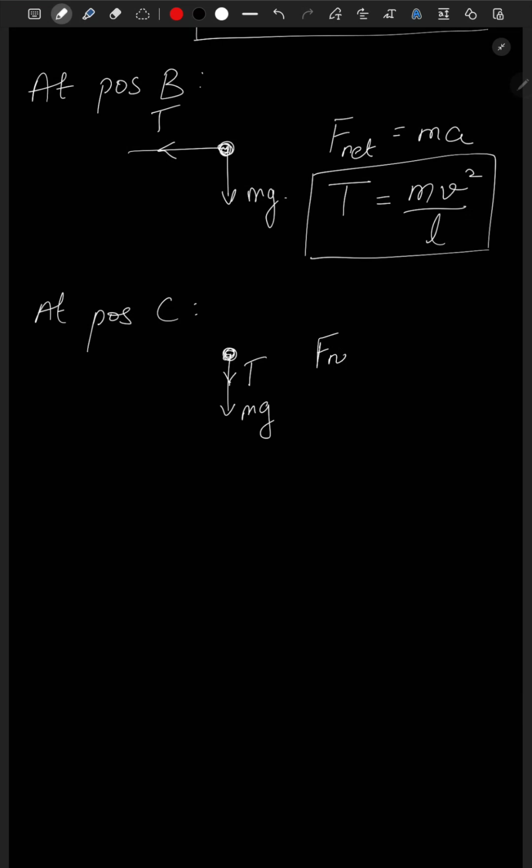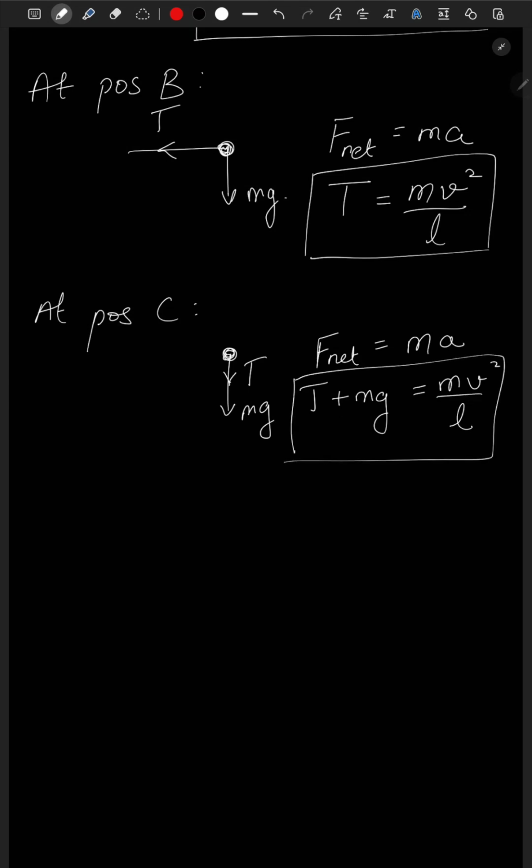The net force is ma, and it is the centripetal force that is providing it, and therefore it is tension plus the weight, and this is mv squared over L.